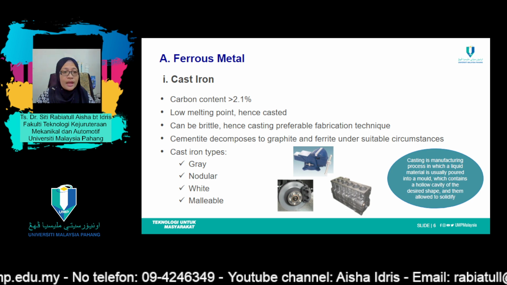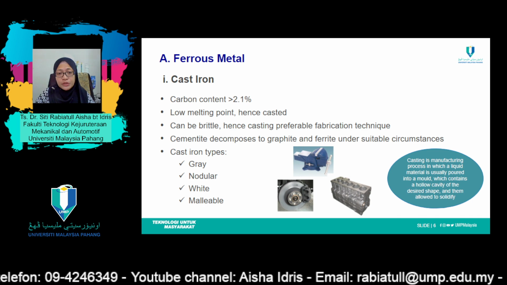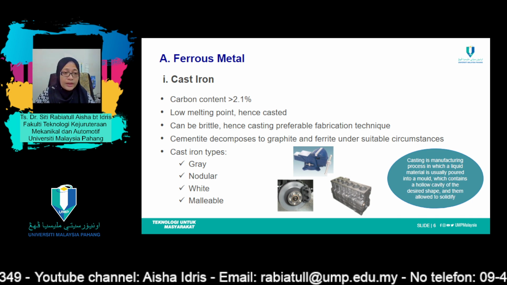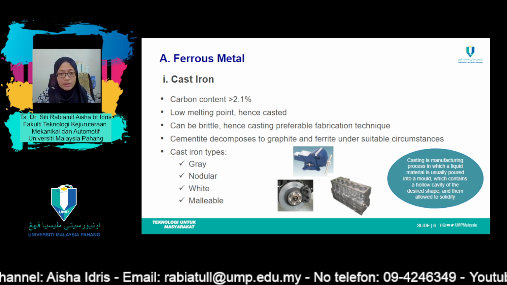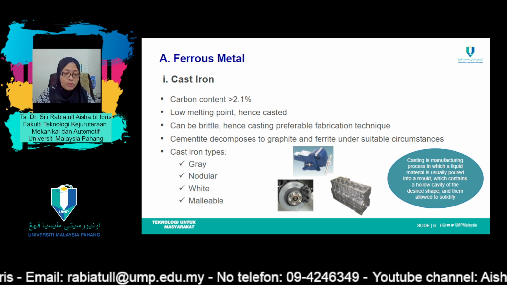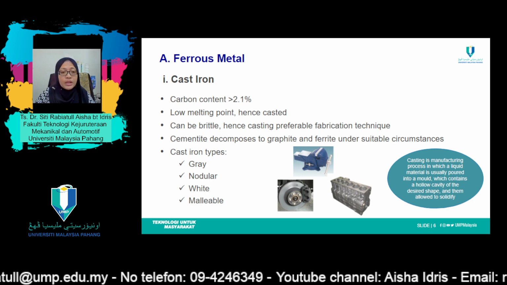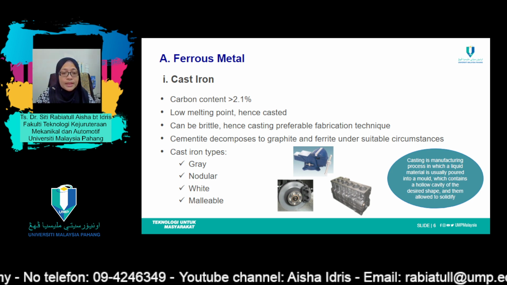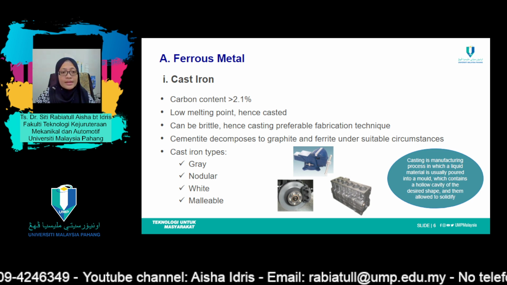However, most cast irons contain between 3 to 4.5 weight% of carbon, in addition to other alloying elements, of course. A re-examination of the iron-carbon phase diagram reveals that alloys within this composition range become completely liquid at temperatures between approximately 1150 and 1300 degrees C, which is considered lower than steel.